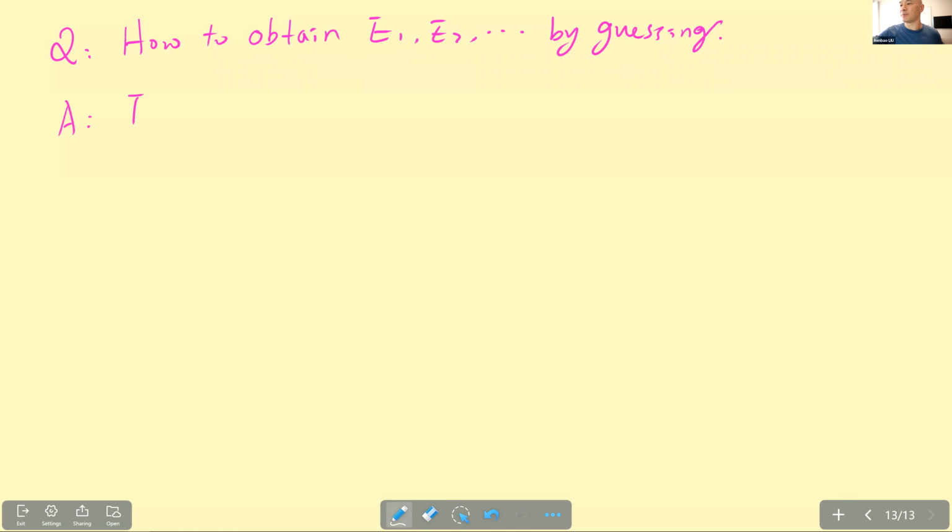Let's look at the example. We guess this function should equal x e to the minus alpha x squared, right? So that's our guess. Okay, we insert this one into the Schrodinger equation, okay?